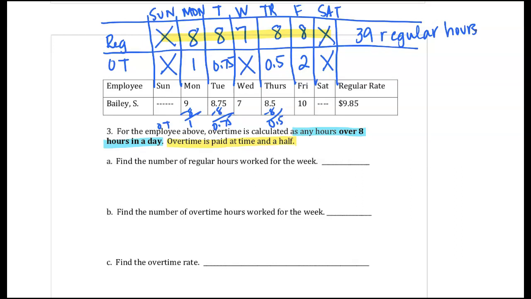So 8 hours in a day are regular, and anything above that is overtime. Take a look at the overtime hours and add up what's there. 1 plus 0.75 plus 0.5 plus 2, and I calculate 4.25 overtime hours.